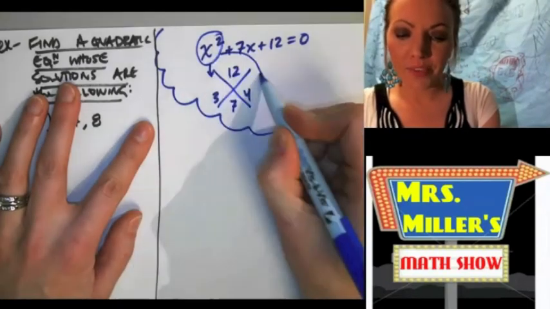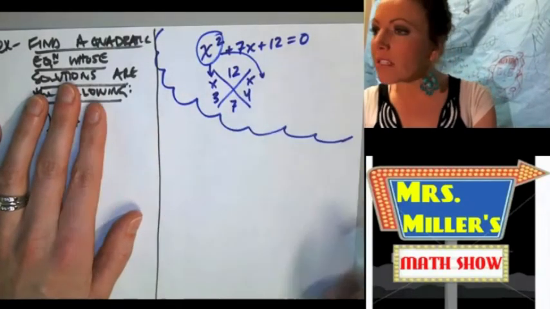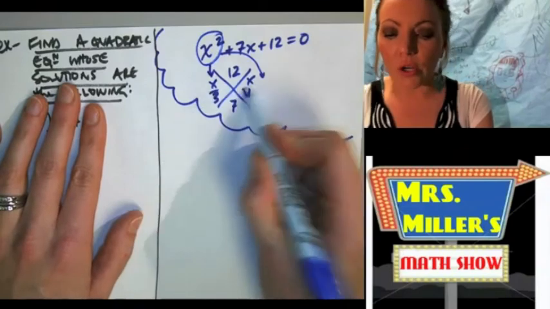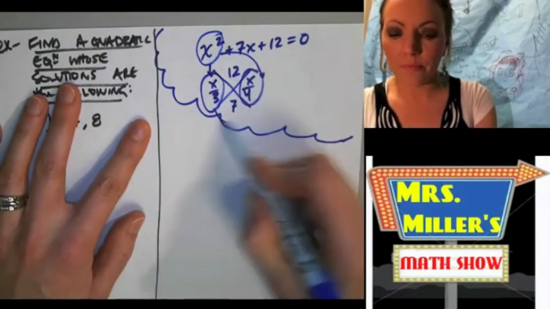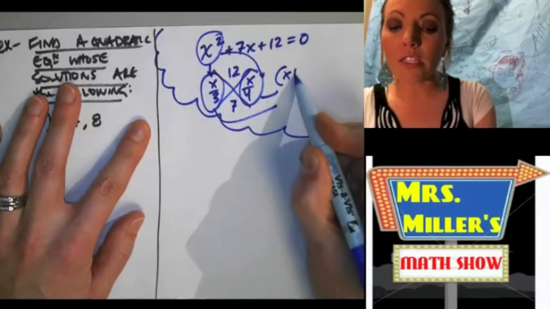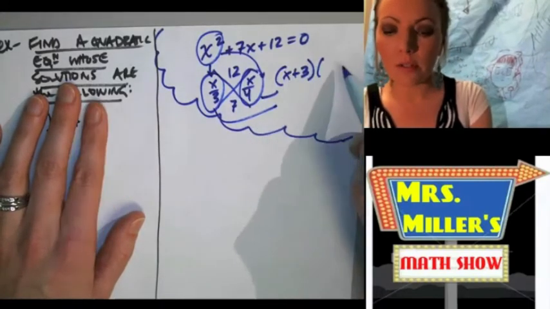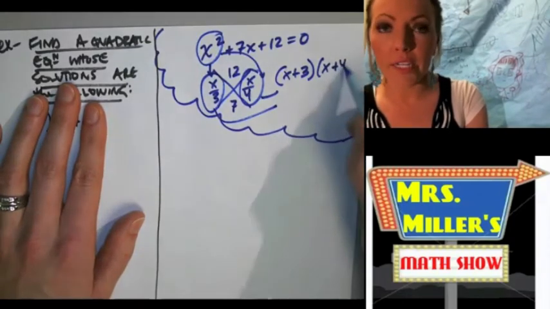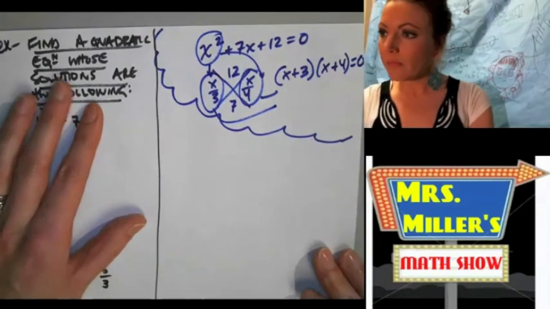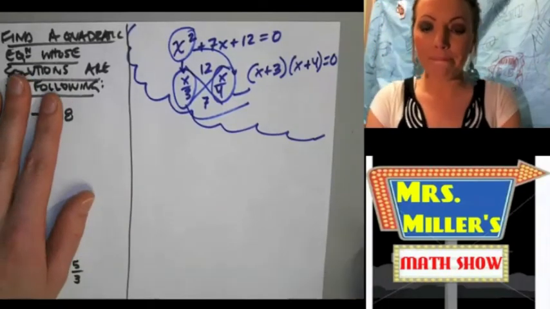Okay, then what? So now we have the x's over those. What do I do with those? Two things. Okay, good. Sloan, what is it? X plus 3 times x plus 4 equals 0. I was just gonna separate them. Okay, so then go ahead. What is it next?